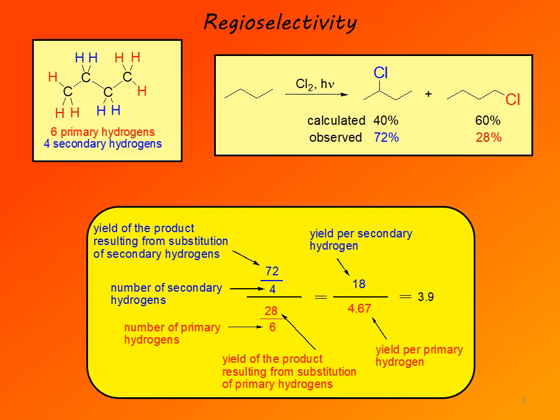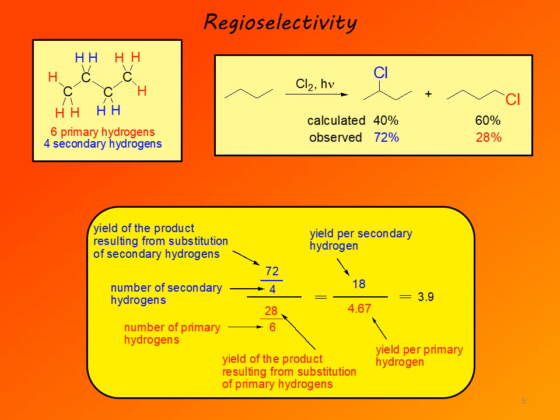And then we also want to look at the yield per one primary hydrogen atom. So the total yield of replacement of all 6 primary hydrogen atoms is 28, divided by the number of primary hydrogen atoms, 6, that gives us 4.67. So the yield per one secondary hydrogen is 18, per one primary 4.67.